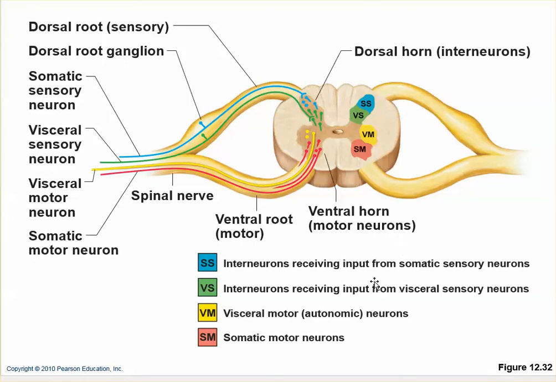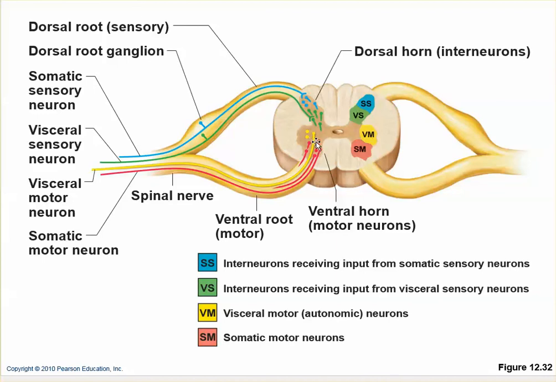So the interneurons here, these blue ones up here, are from the somatosensory. So this would be like proprioceptors of your joints. The green ones here are visceral sensory. So this would be like baroreceptors and stuff from the digestive system or the circulatory system, that kind of thing.